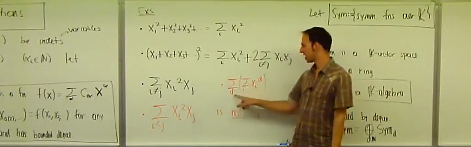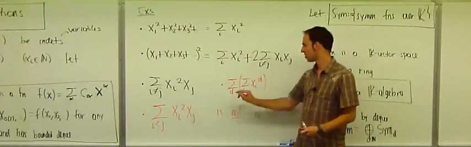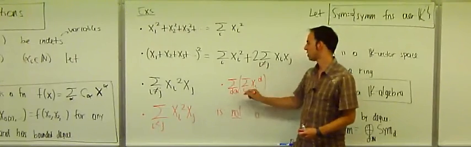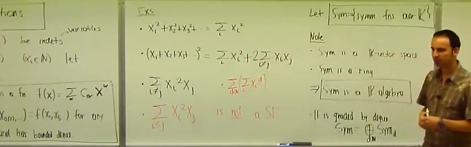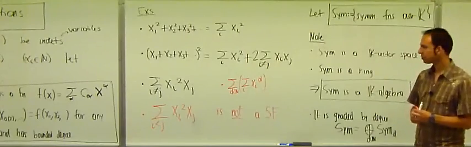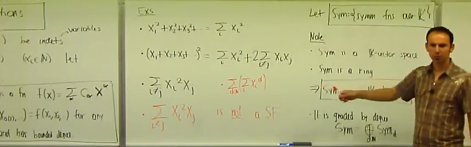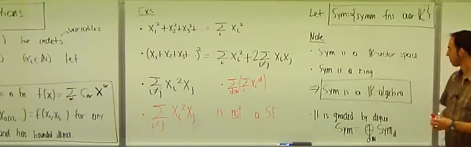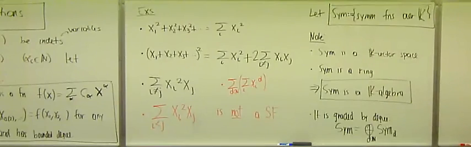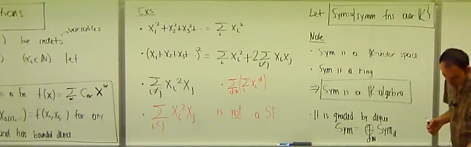But you stop being a symmetric function when you add over all possible natural numbers, because now this is going to have infinite support in degree, and you don't want that. Is that last point clear? So you have to stop at a certain degree to be a symmetric function. Okay.